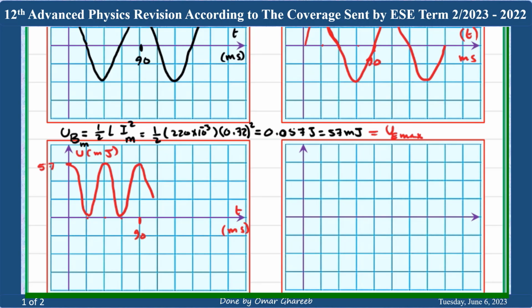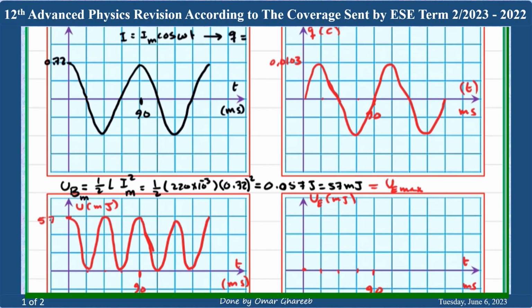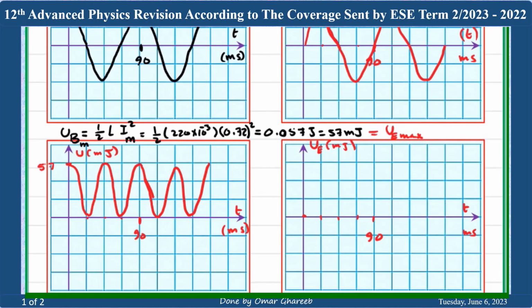Now let's continue. This is the energy, and for the electric energy, also in millijoules, time in milliseconds. 1, 2, 3, 4. This is the period, 90. But for the electric energy now, it starts from 0 because the charge is 0 at the beginning, as you see here.